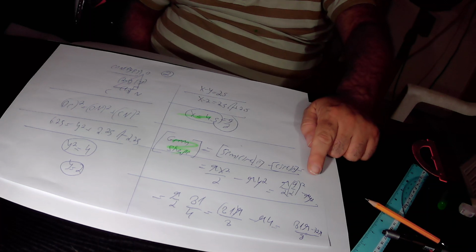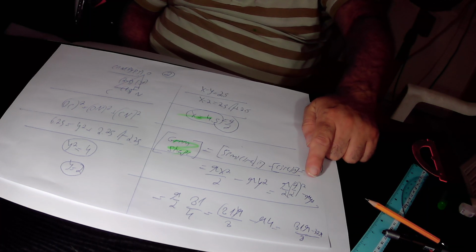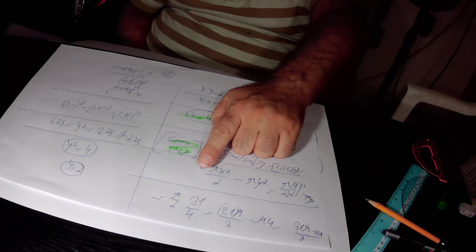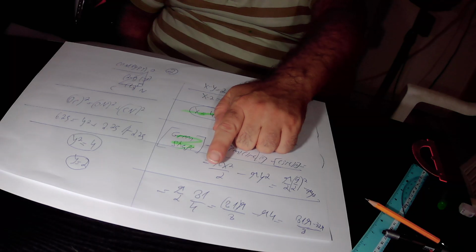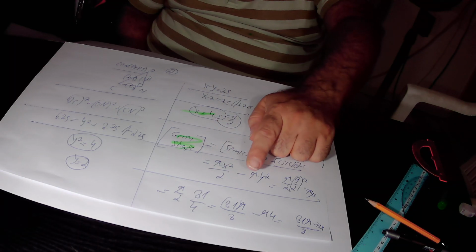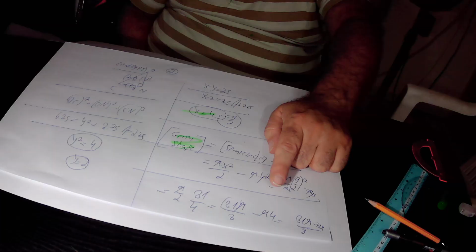Y is 2, so y squared is 4, so pi y squared is 4 pi. In the denominator we have 2 times 4, that is 8. So the area equals 81 pi over 8 minus 4 pi.